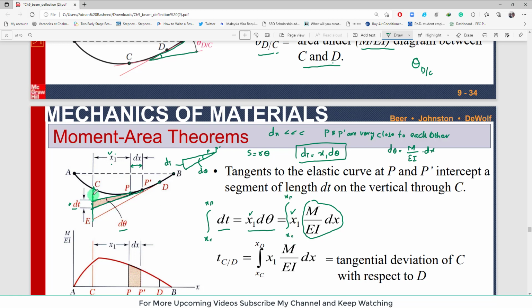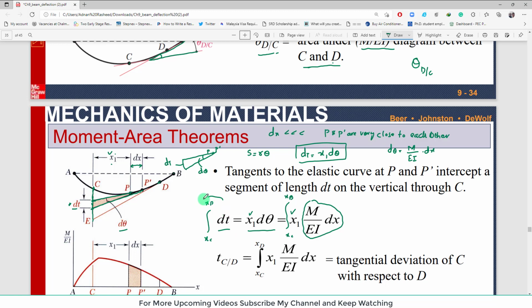In order to find the total deflection, we will talk about the deflection. So from xc to xd, the total deflection is the integral of dt, with x from c to d, equal to the integral from c to d of x1 into m over ei into dx.